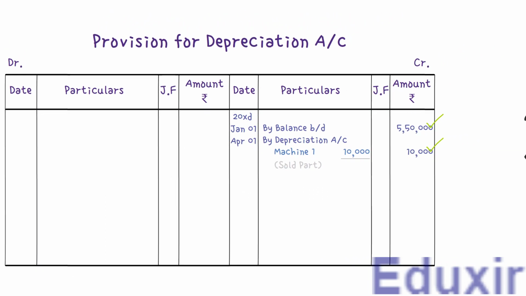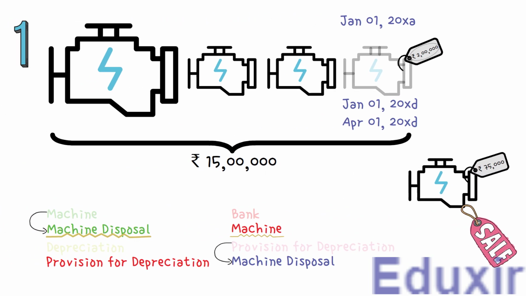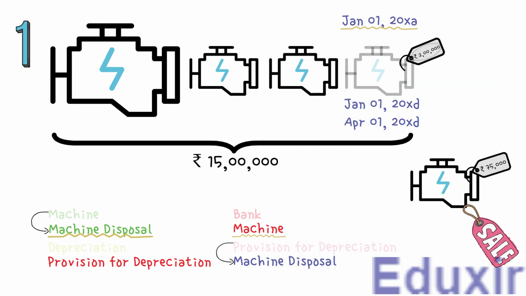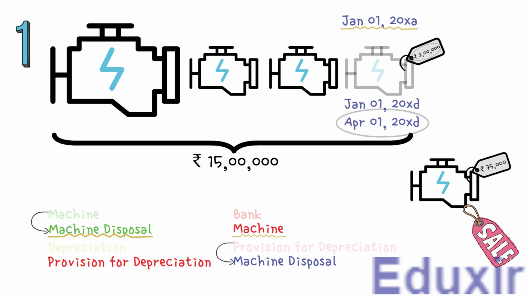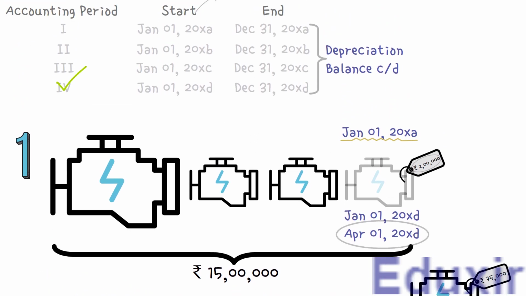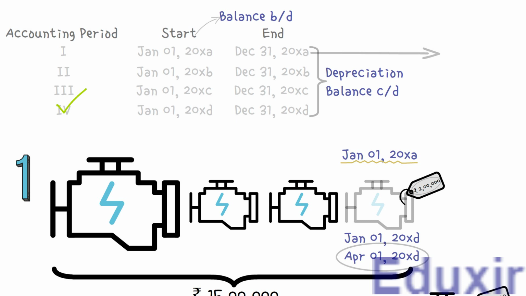Now, the question is how to find all this amount that is related to only the sold out machine. Well, we know that this machine that is sold out is purchased on January 1st, 2000 XA, right? This date is on the first day of the first accounting period. So, let's first find out how much time has passed from the purchase of the machine to the date on which this machine is sold out. Now, as this machine is purchased on the first day of the first accounting period, in the first accounting period, the depreciation was calculated for 12 months.